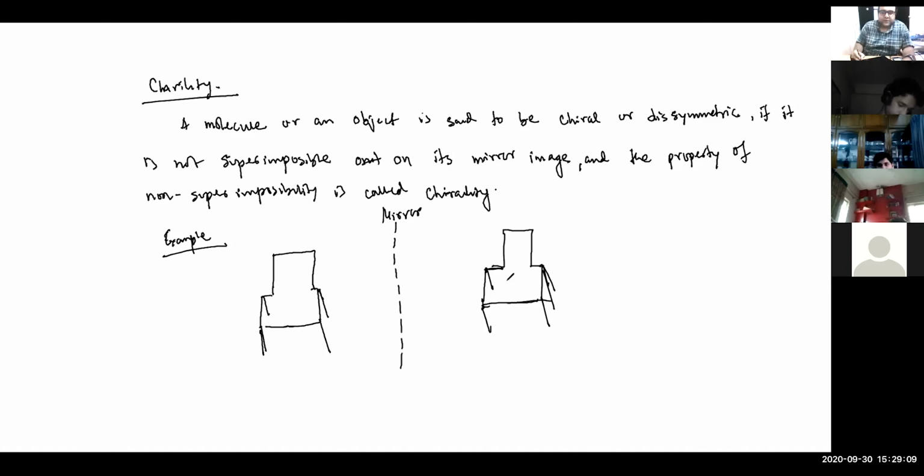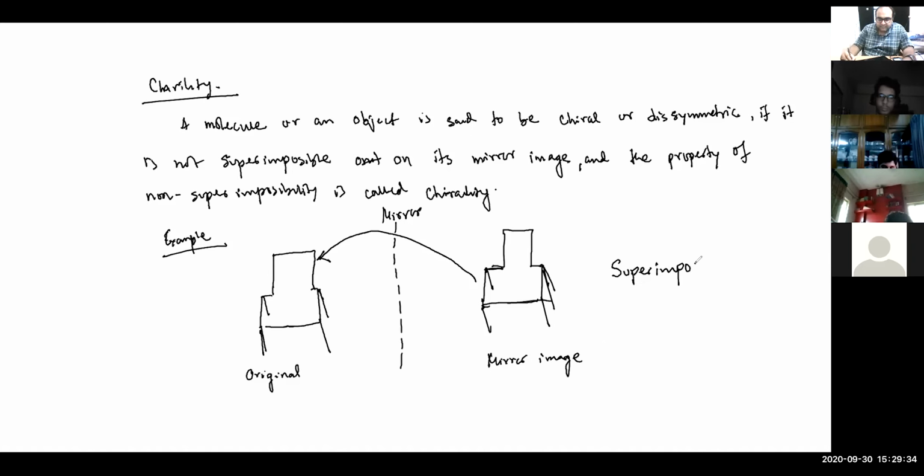So when you take this original object, this is the original and this is the mirror image, and you try to fit it here, it's exactly going to overlap with each other. So this is superimposable.